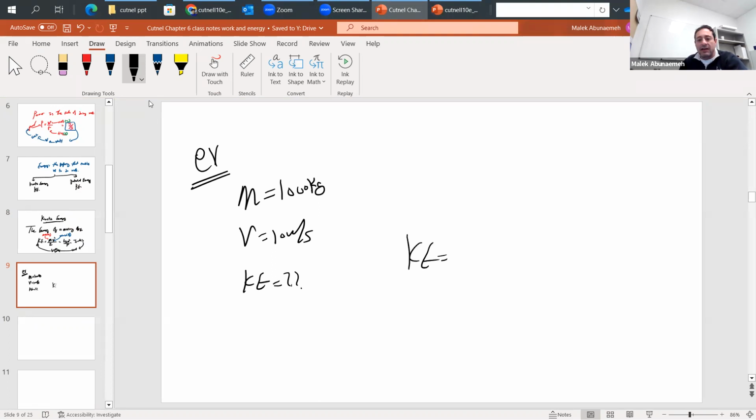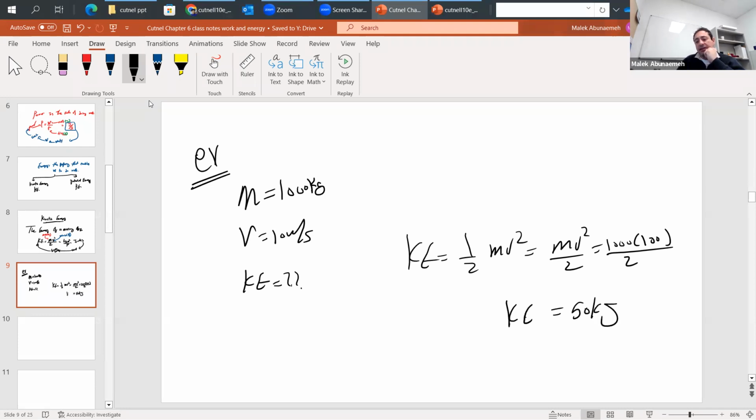Your kinetic energy again is 1/2 mv squared, or I like to say mv squared over 2. Both ways are correct, which is going to be 1,000 times 10 squared, that's 100, divided by 2. So you got 100,000 divided by 2, so that's 50,000 joules. That's how much your kinetic energy will equal.